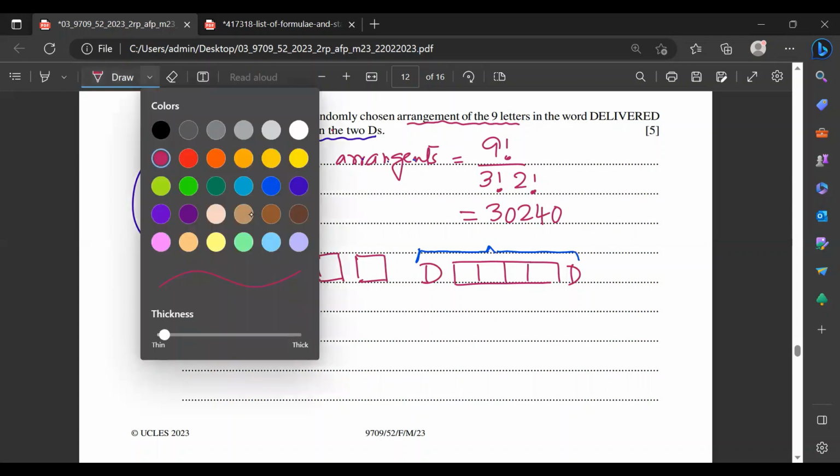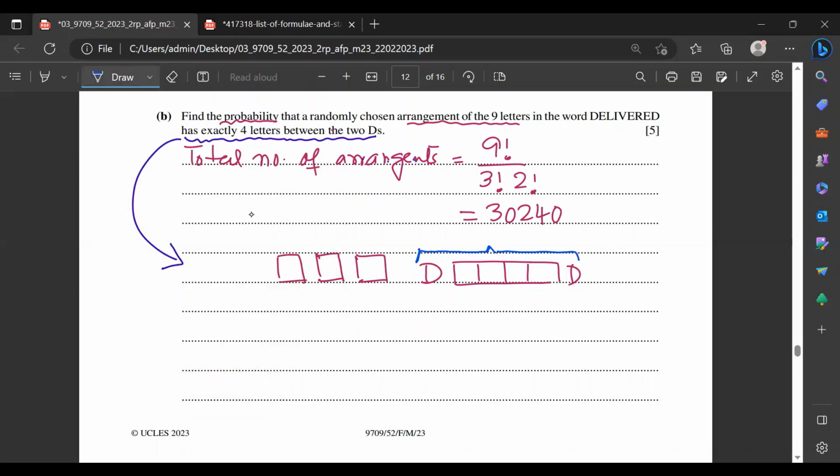Now I can make one of the arrangements. Say we have L here, V here, R here, and I here, and say E is here, E is here, E is here. So the E's can be in between; all three can be between the two D's, or any one or two of them, or none, at any position.